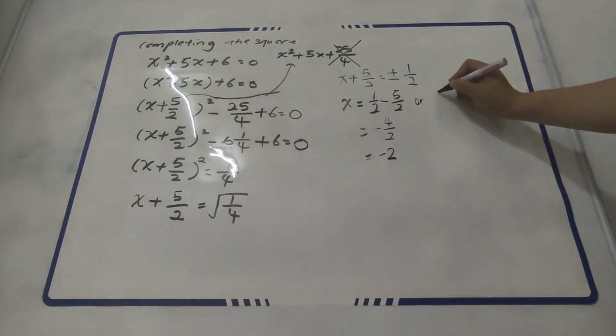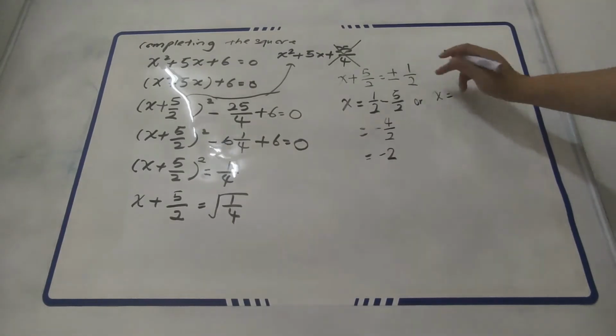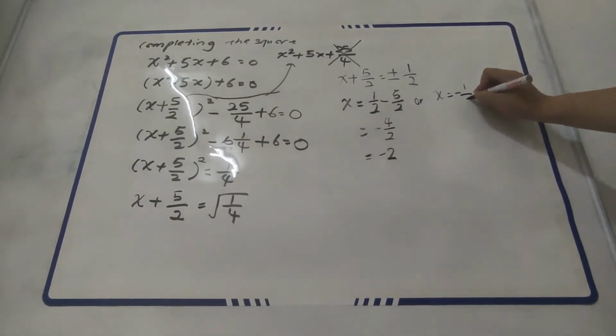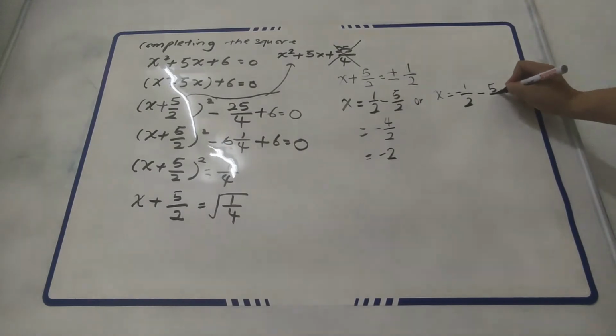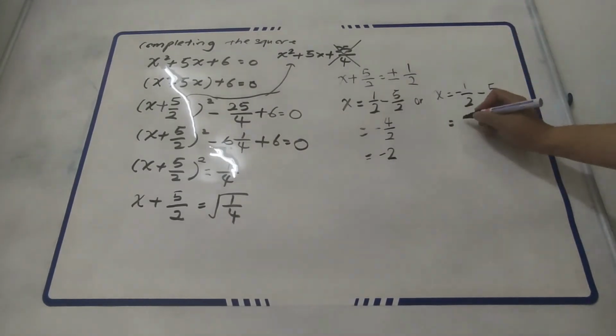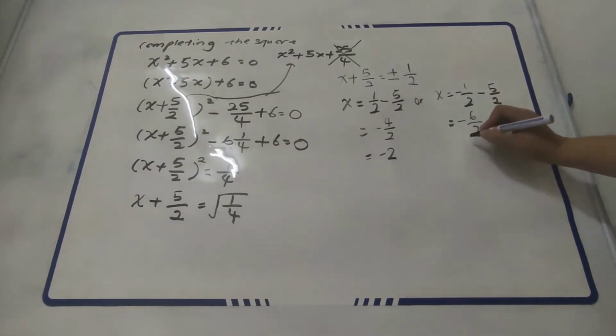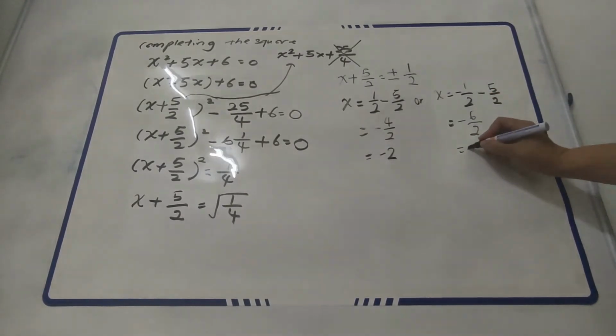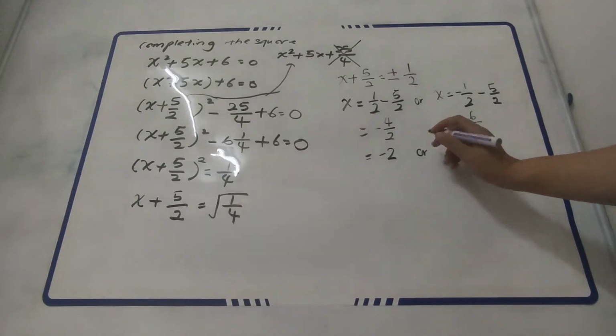Or you have x equals minus half, then minus 5 over 2 equals minus 6 over 2, 6 divided by 2, then minus 3.